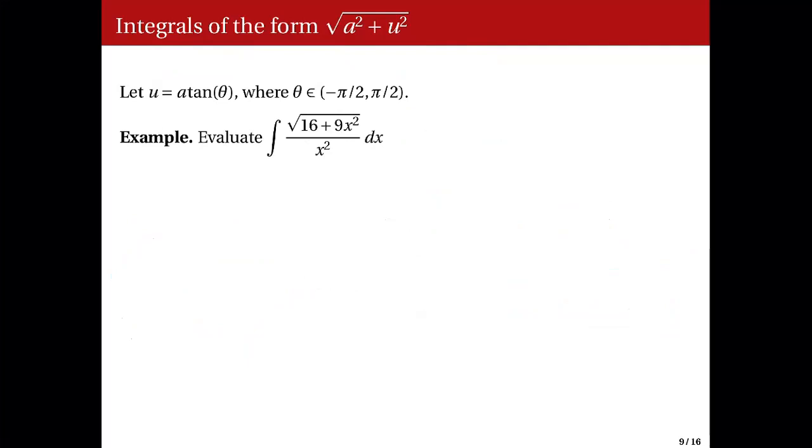Next example here, we have square root of 16 plus 9x squared over x squared. So in here, we have a squared that's equal to 16. So your a is just 4. And then the u squared is equal to 9x squared. So u is just 3x.